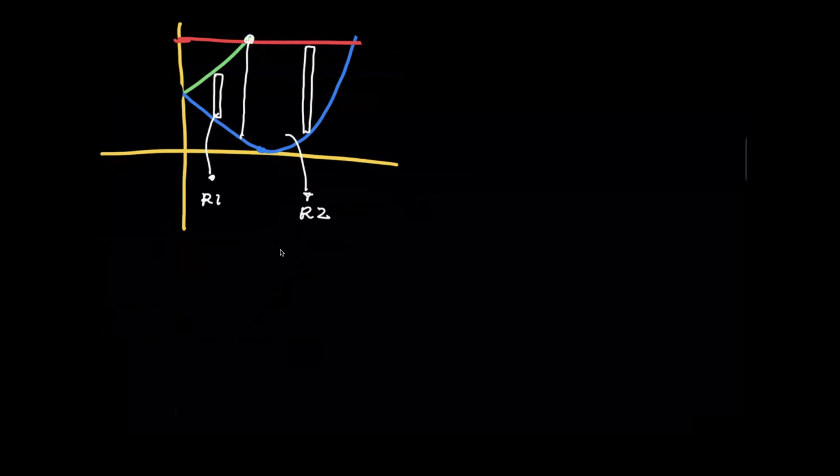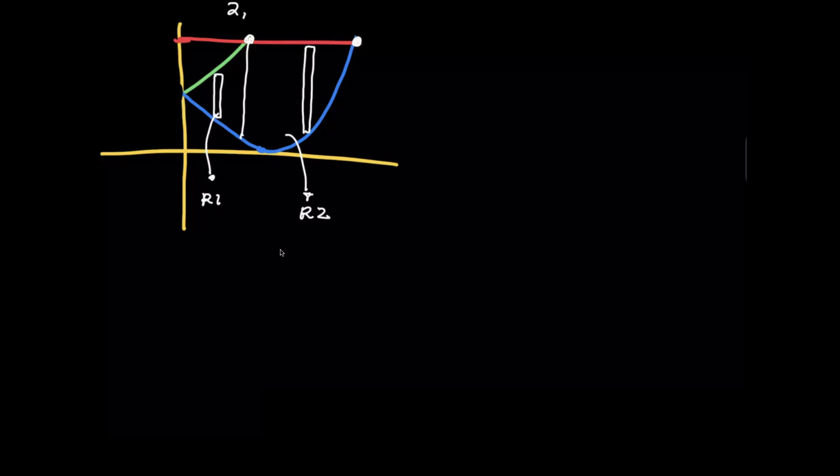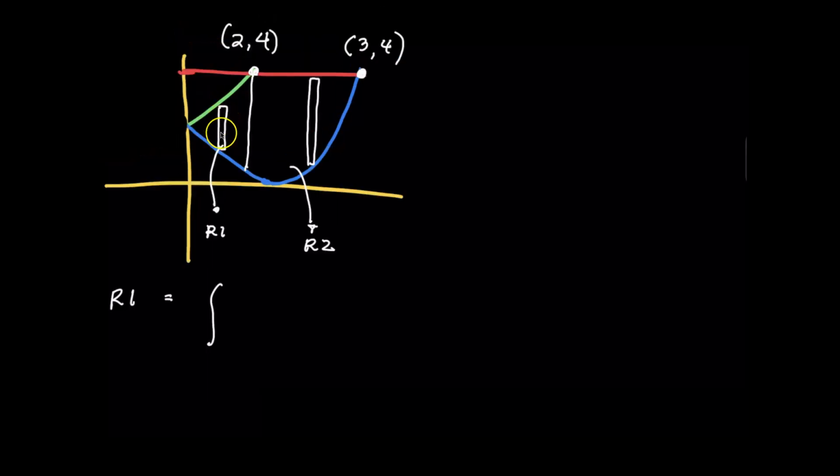By the way, I will leave it up to you to get the points of intersection. These points of intersection will be (2, 4) and (3, 4). If we look at this rectangle over here, what is our length? The length is the change in y. So we have to get what is the y here.